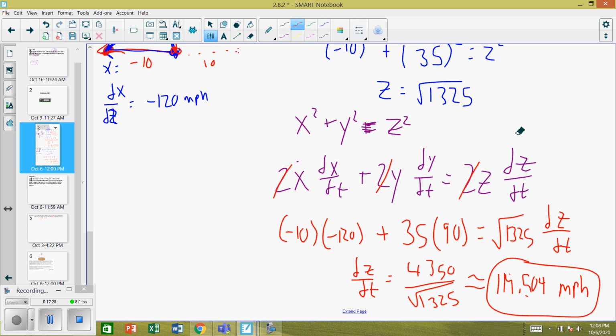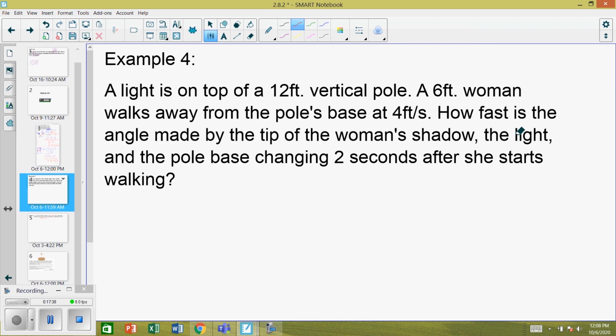Okay, 17 minutes in. I might do one more. This is a great problem that I may hold off on.